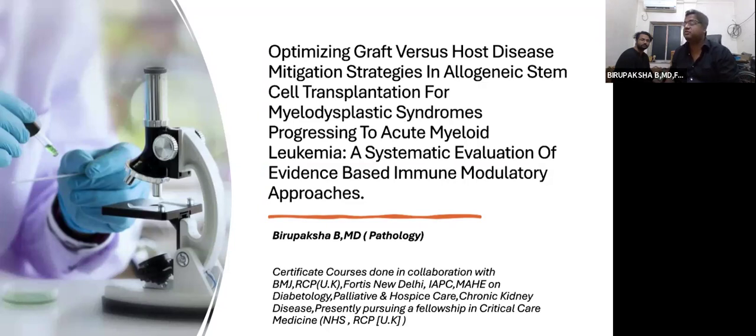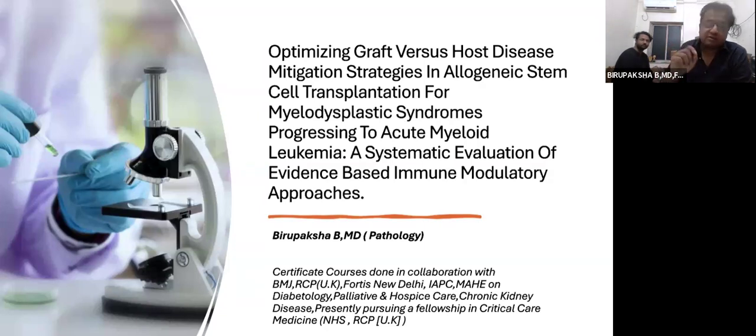So we get immature cells, and from there we get blasts, and it's got a very poor prognosis. Around 40 to 50% of the patients usually progress to AML, and of course treatment is extremely difficult, and at the same time we don't have much options out here. So this is what actually made me think about this particular topic.